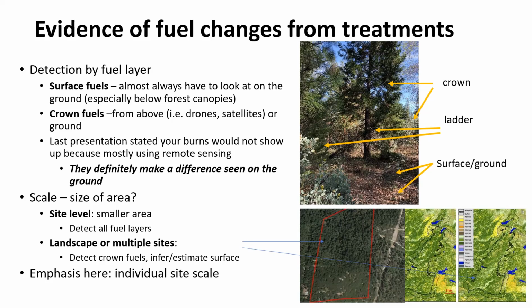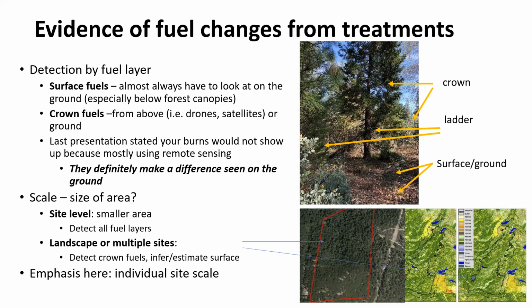For surface fuels, the litter, the duff, sticks, the lower understory live fuels, you almost always have to detect that from the ground, looking at it, measuring it, either with photos or ground-based LiDAR, although that only gets so many of the dead fuels.